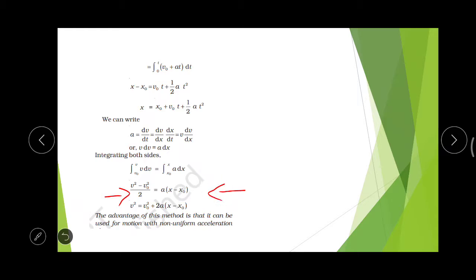Okay, so we are just multiplying both sides with the 2. Then v square minus v0 square remains on the left hand side, and on the right hand side 2a into x minus x0 will be there. On the left side, the 2 and the 1 by 2 cancel each other, isn't it?